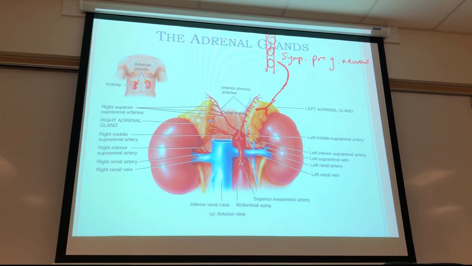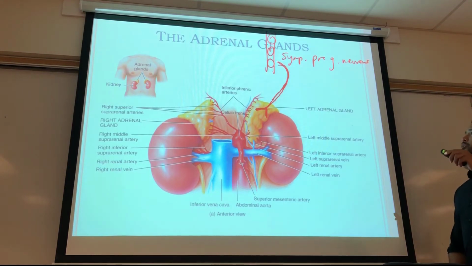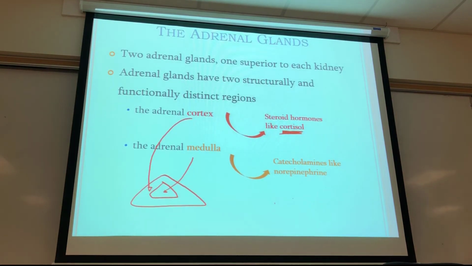So these preganglion neurons, remember what I mentioned in our peripheral nervous system, is that the preganglion neurons come in and terminate specifically in the adrenal medulla for the purposes of producing our catecholamines, norepinephrine and epinephrine.